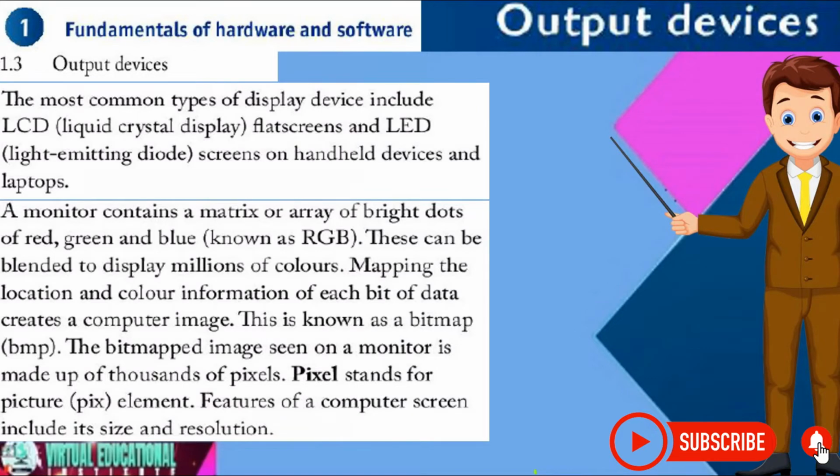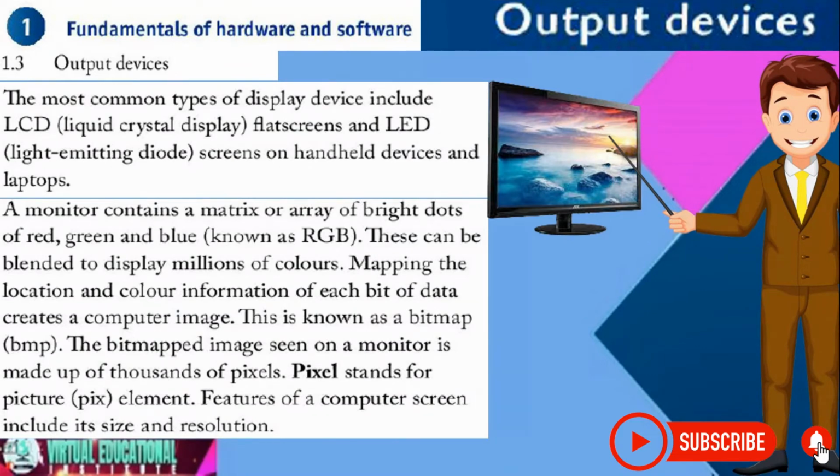This is known as a bitmap, same thing as BMP. Now, the bitmap image seen on a monitor is made up of thousands of pixels. What does pixel stand for? Pixel stands for picture element, in short, pix, pic, element.